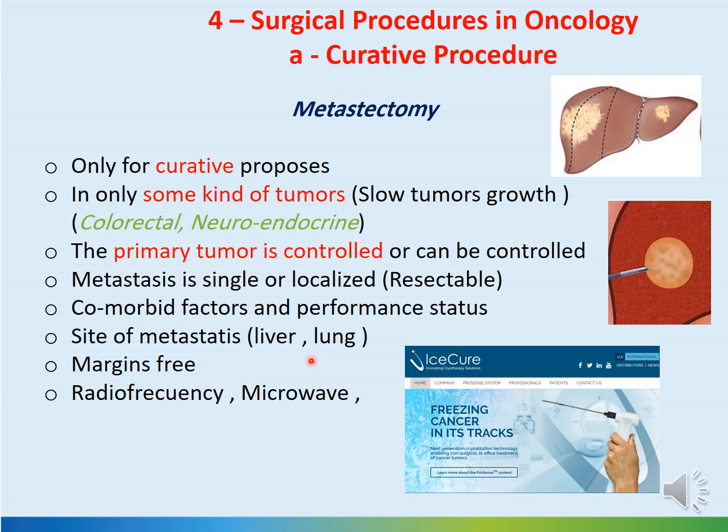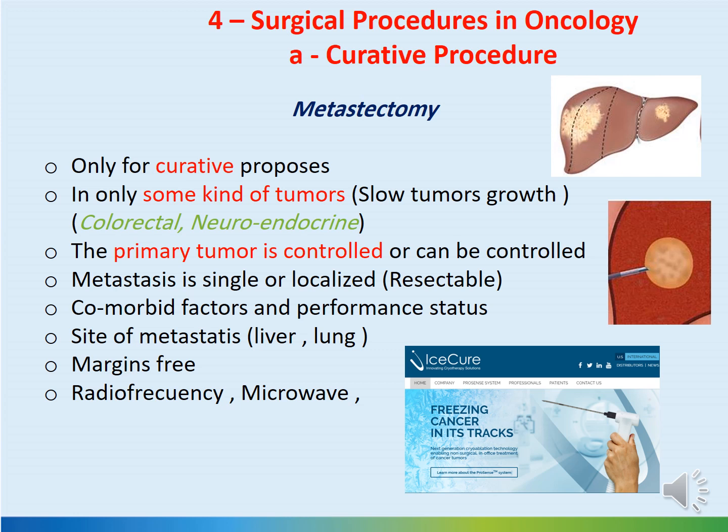And similar to the primary tumor removal, when we want to remove the metastasis, we have to get margins free, and we have to make sure that we didn't leave any type of residual tumor. And at the end, we can use many types of treatment, not only surgery, for the metastasis.